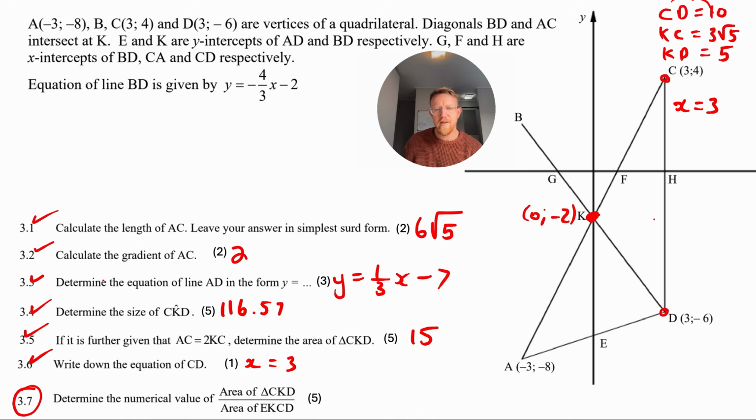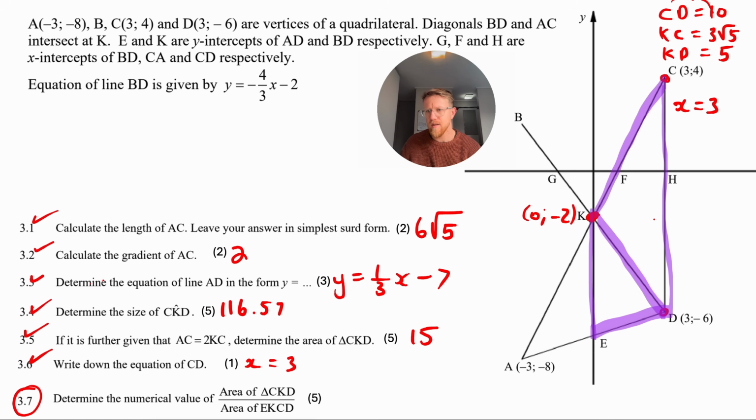Okay, and now this question here. Determine what the numerical value is for the area of triangle CKD, which we've already worked out, over the area of EKCD. So EKCD is there, and there. So it's that shape. Now, can you see that that is actually just two triangles?